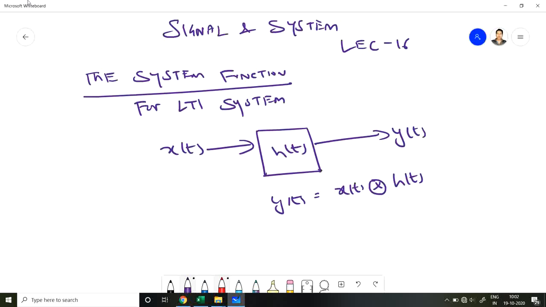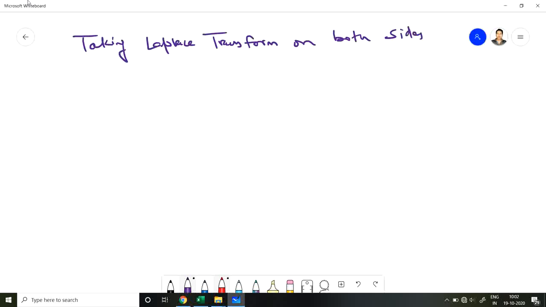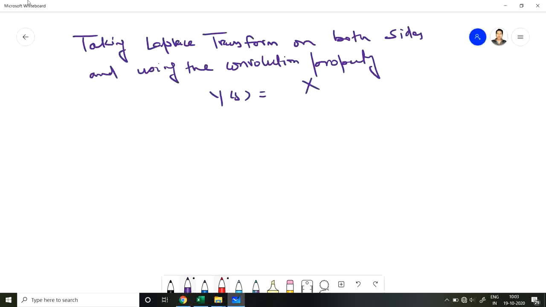Taking the Laplace transform on both sides and using the convolution property, Y(s) is equal to X(s) multiplied by H(s).